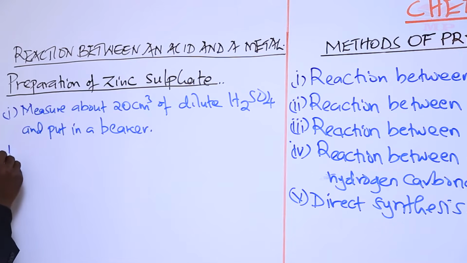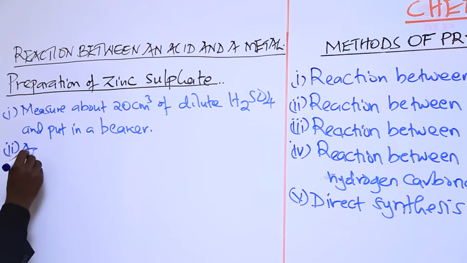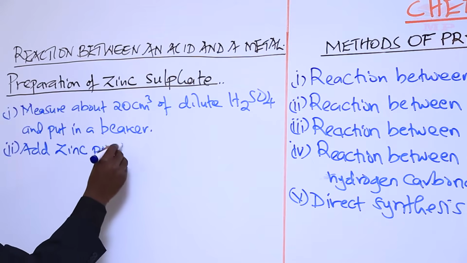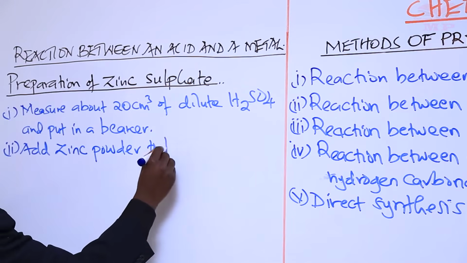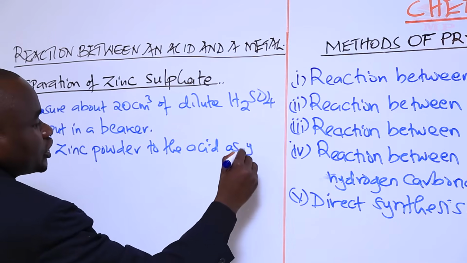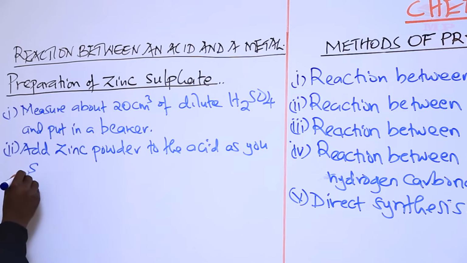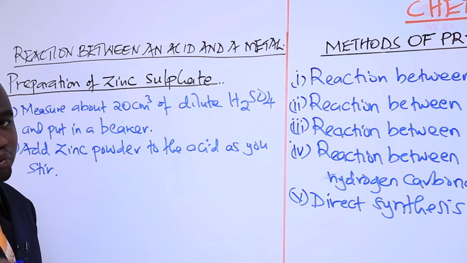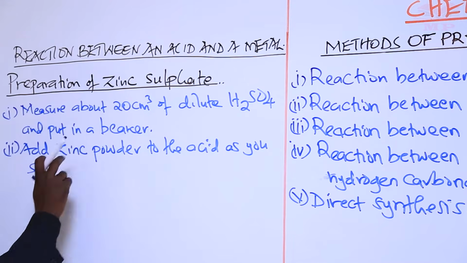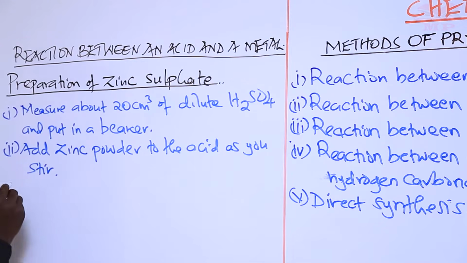Then secondly, add zinc powder to the acid as you stir. The reason for stirring is simply to allow enough time of reaction between the acid and the zinc metal.